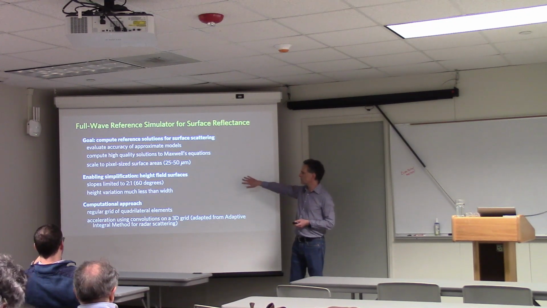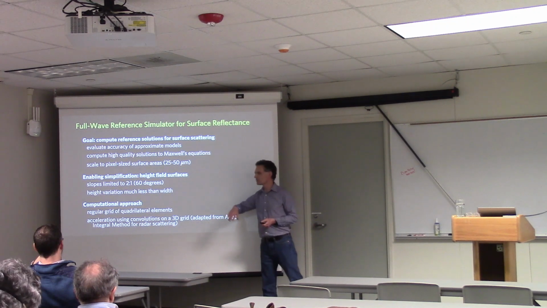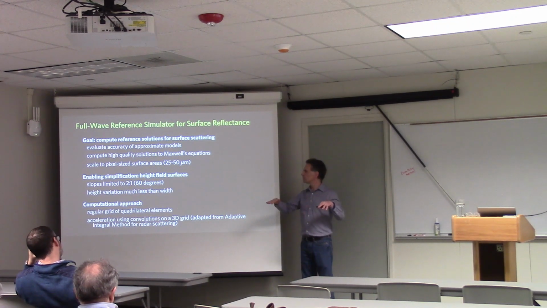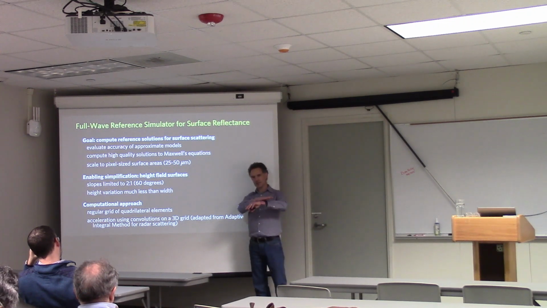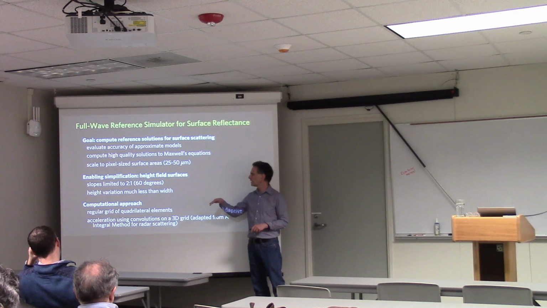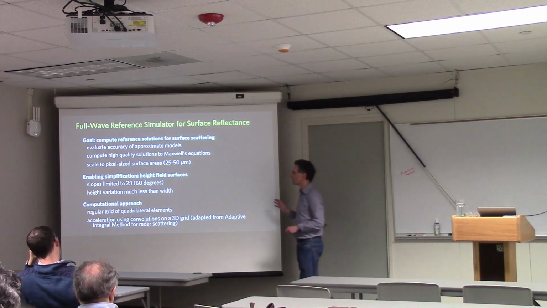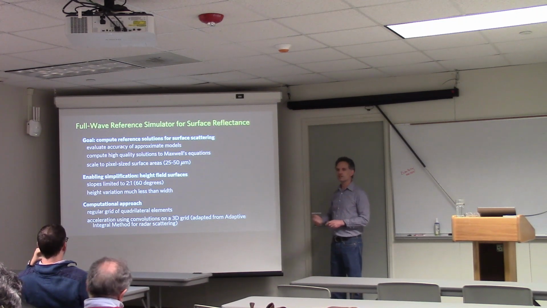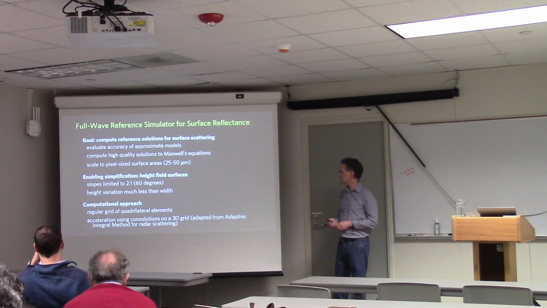The key simplification here is to use height field surfaces. So the surface is assumed to be a height field, the slopes are limited, so that we're going to be able to just sample it on a regular grid and have height be the only geometric variable. And it turns out the regular grid structure actually simplifies a bunch of things in the implementation. And so that is part of what makes it possible for us to scale this up to pretty large cases.